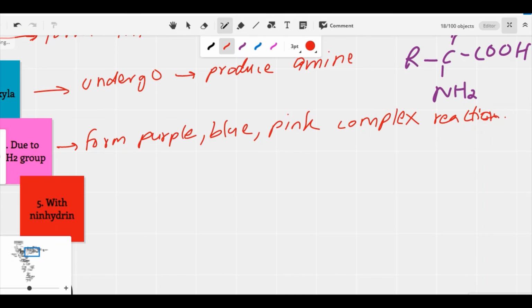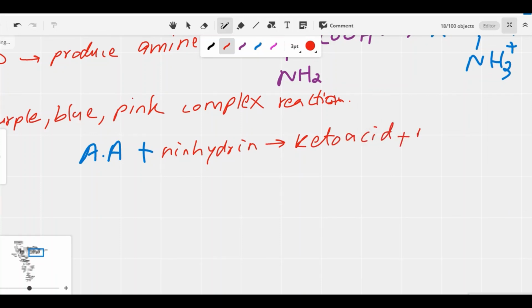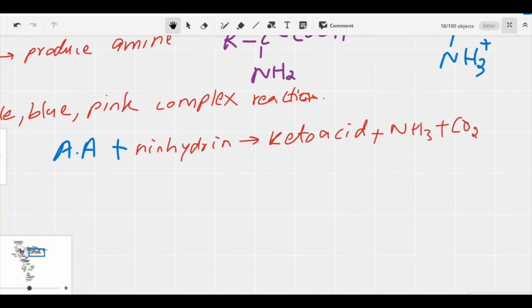Here I'm going to write amino acids, AA, react with ninhydrin to form keto acids, along with elimination of ammonia, and carbon dioxide also evolves.